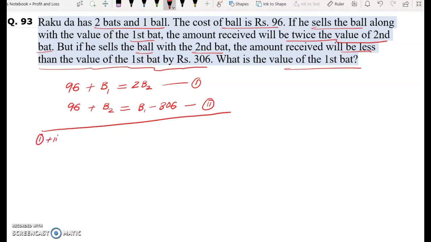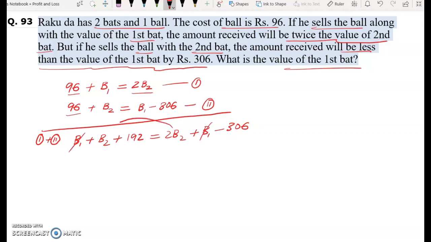1 plus 2. If we add, what will happen? We will get B1 plus B2 plus 96 plus 96 will give us 192 is equal to 2B2 plus B1 minus 306. Now B1 and B1 will cancel out.